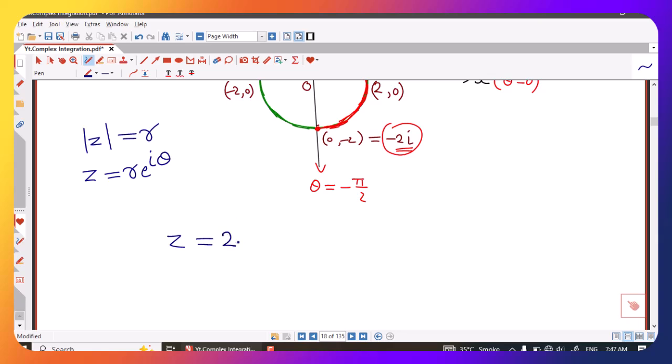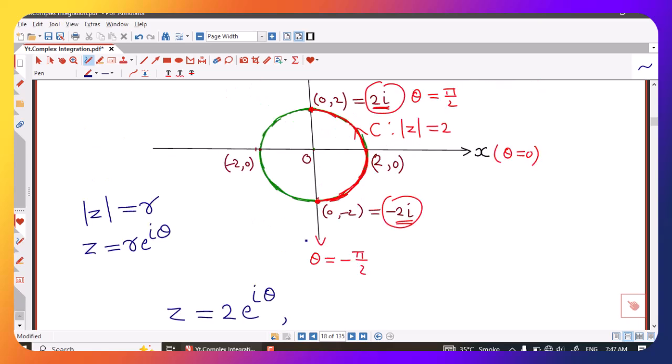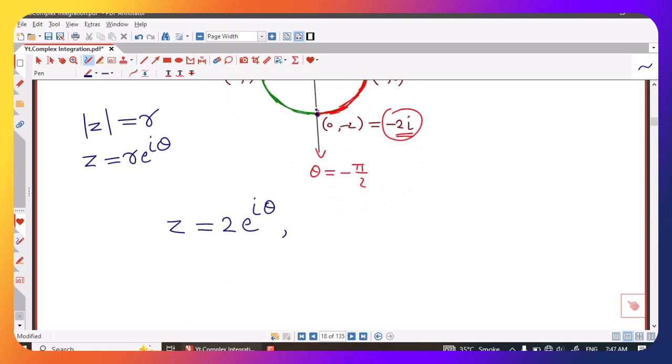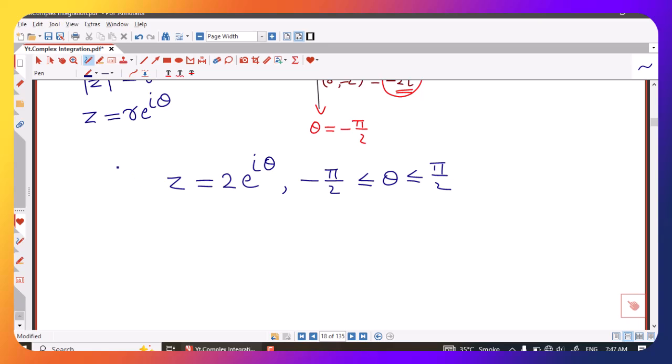Here r is 2, so 2 times e raised to i theta, and because we are considering only the right half of the circle, theta will be from minus pi by 2 to pi by 2. So we write minus pi by 2 less than or equal to theta less than or equal to pi by 2. This is the representation of the given contour along which we want to integrate.